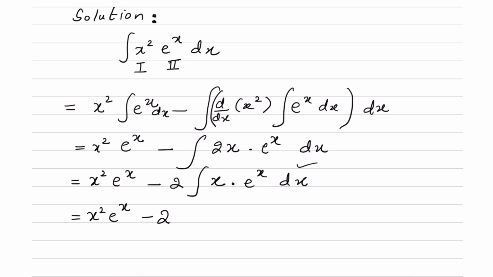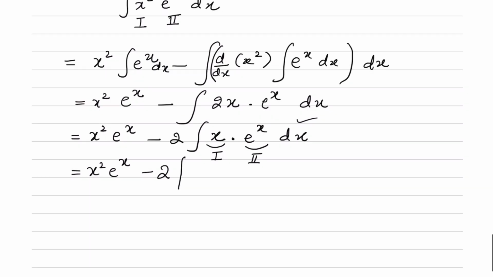For example, we called e power x the second function. E power x is appearing here again, so we are going to call e power x the second function again. At this step we cannot call it the first function, because previously we called e power x the second function, so we are going to call x the first function.